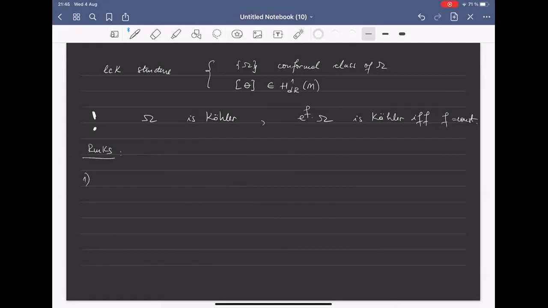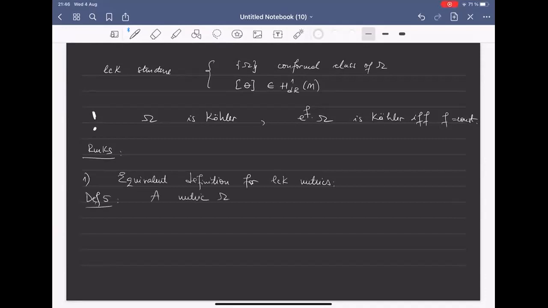The first remark is that we have an equivalent definition for LCK metrics, which tells us that they are exactly what their name says. So an LCK metric has the following equivalent definition, which I will call definition 5.